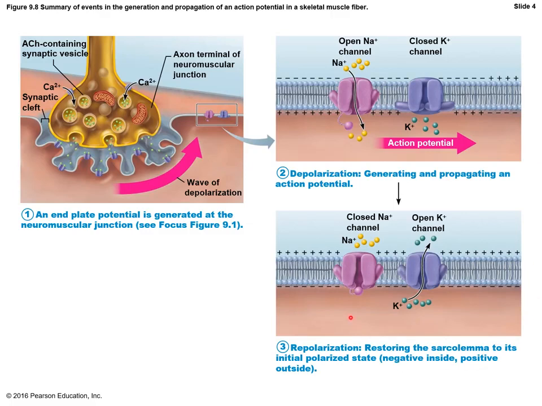So this is shown with repolarization. The sodium channel here has been closed, but the potassium is open temporarily to restore. This is resting, with inside negative, the outside positive.